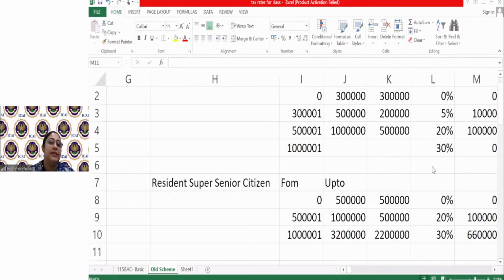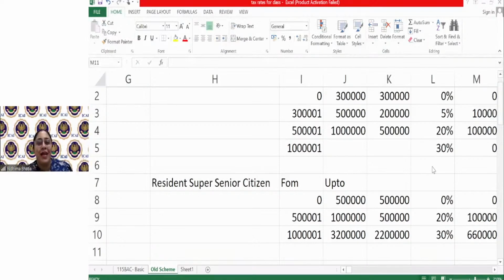There is no residency or senior citizen concept in the new scheme. Okay. So today we learned about the previous year and assessment year concept. We learned about the cases in which the income of the previous year is assessed in the previous year itself. We understood on a large scale what computation of incomes looks like.